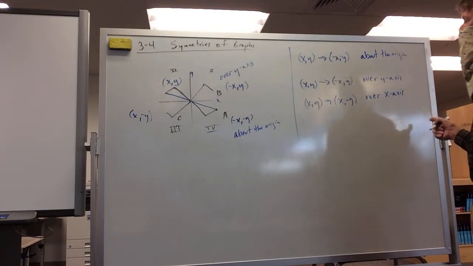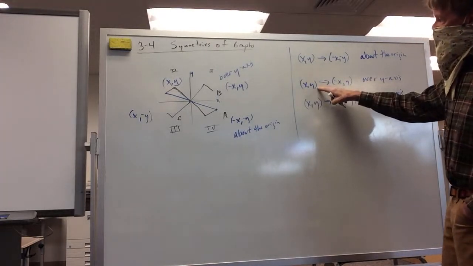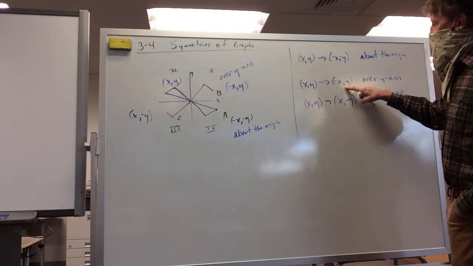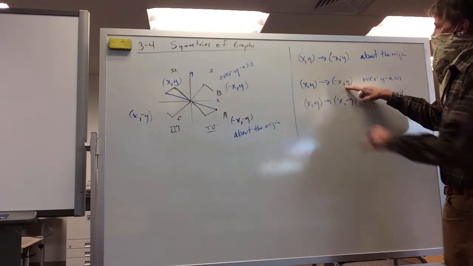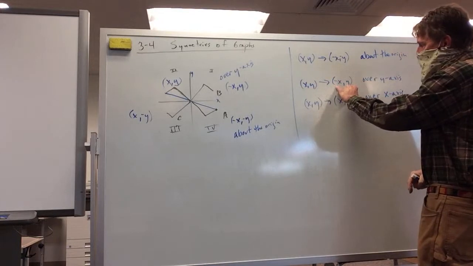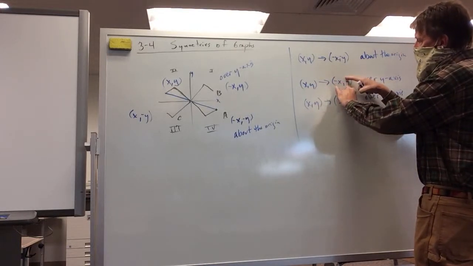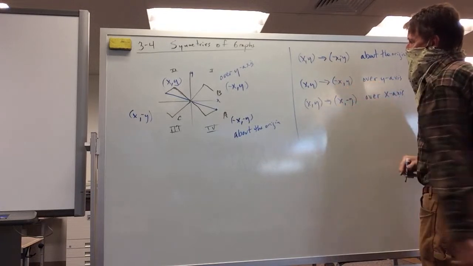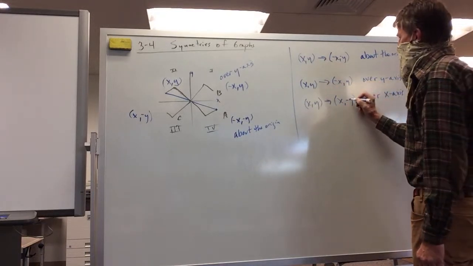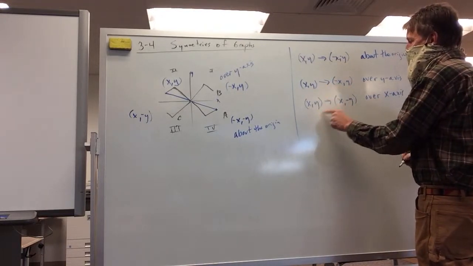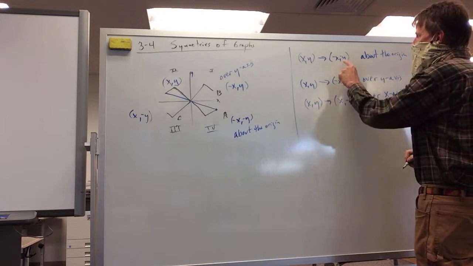Okay, so now, let's say I map this over the y, and then I take that and I go over the x, and it will leave x the same and it will change y. Is that right? Mm-hmm. So if I do this and I do this, I'm changing both the x and the y.